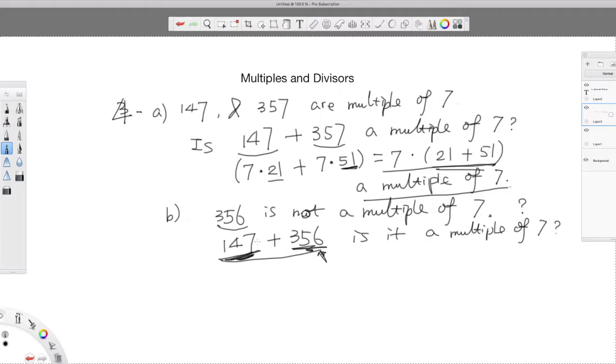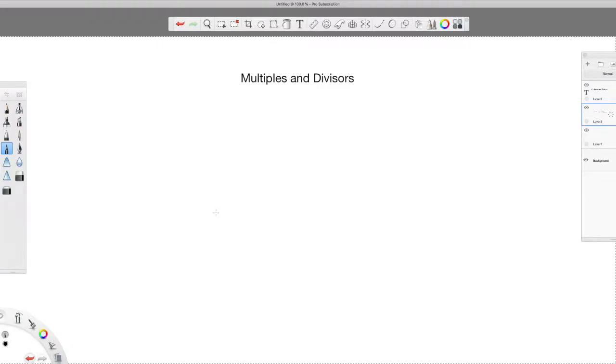Okay, so with that, we have a simple rule that we observed. And it's actually fairly easy to verify. But let's just put it down.